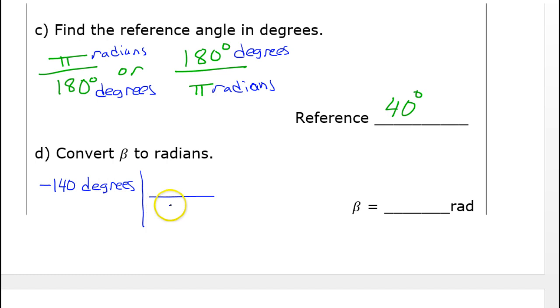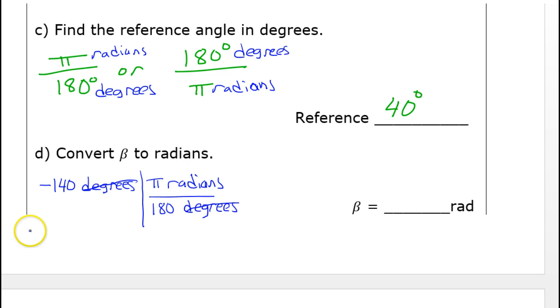So that's why we want to make sure degrees are in the denominator when we multiply, so we can cancel them out. So that's why I'm going to multiply by this version. I'm going to multiply by pi radians over 180 degrees. That way the degrees will cancel out and you're just left with radians.